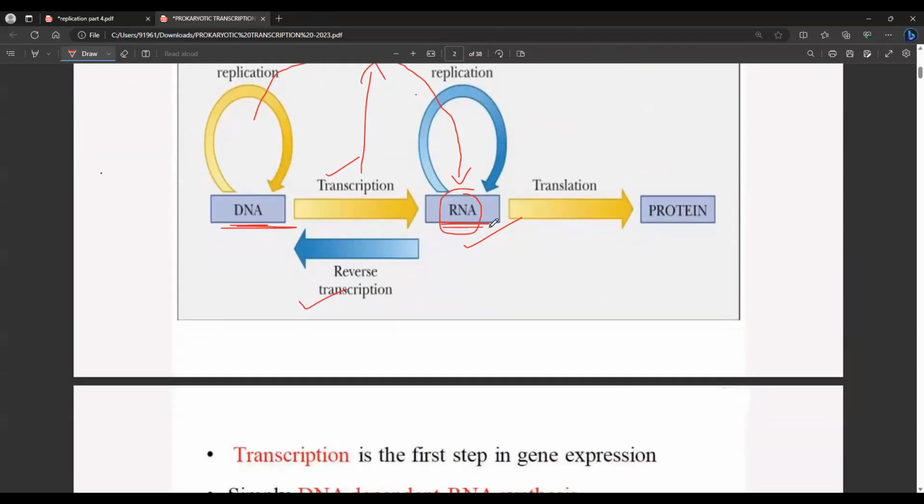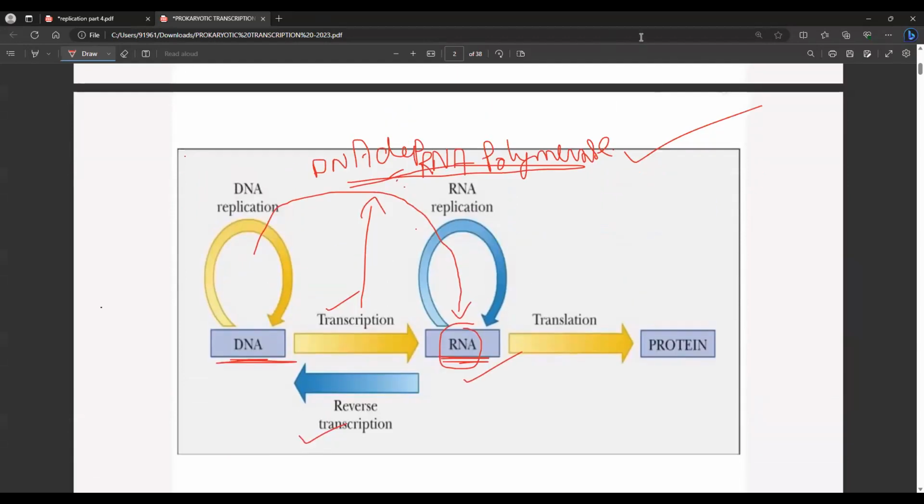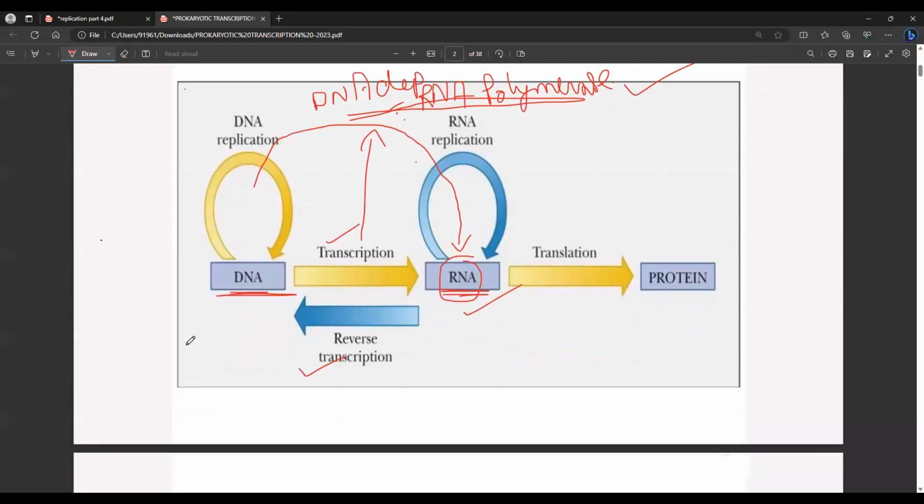Now from the RNA we synthesize the DNA. So remember, I am synthesizing DNA. Since I am synthesizing the DNA, what is the enzyme? DNA polymerase enzyme. But the question is very clear. I am synthesizing the DNA from the RNA. That's why we call it an RNA dependent DNA polymerase enzyme.